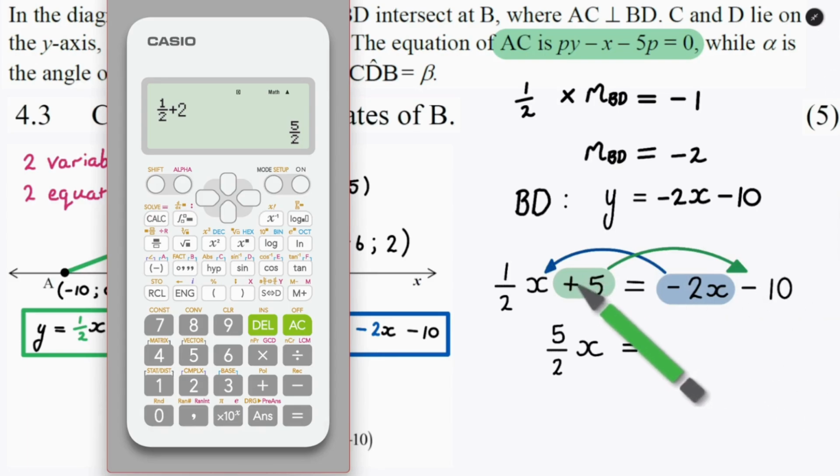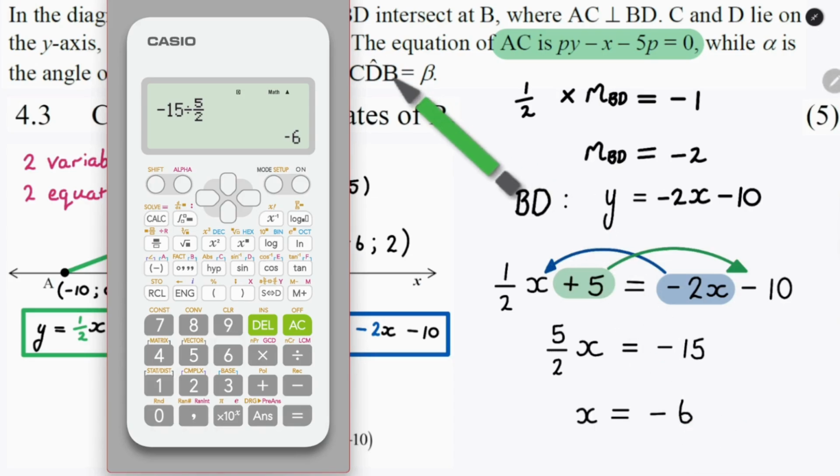Minus 10 minus 5 will give me minus 15. And then I divide both sides by the number in front of x. Just make sure when you type it in on the calculator, you say minus 15 divided by a fraction like this. And then that's going to give us negative 6 for the x value.